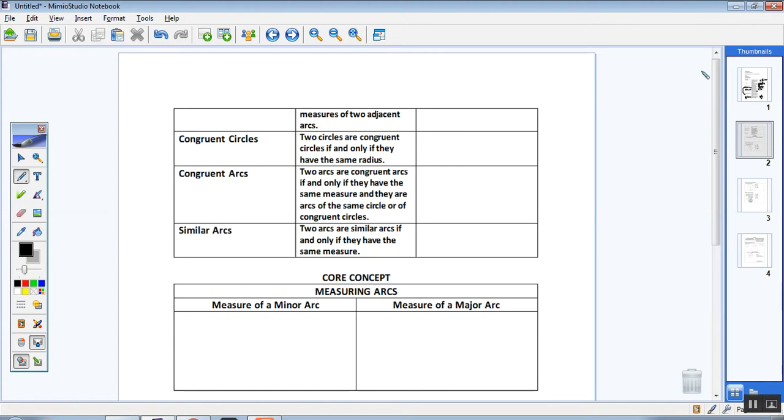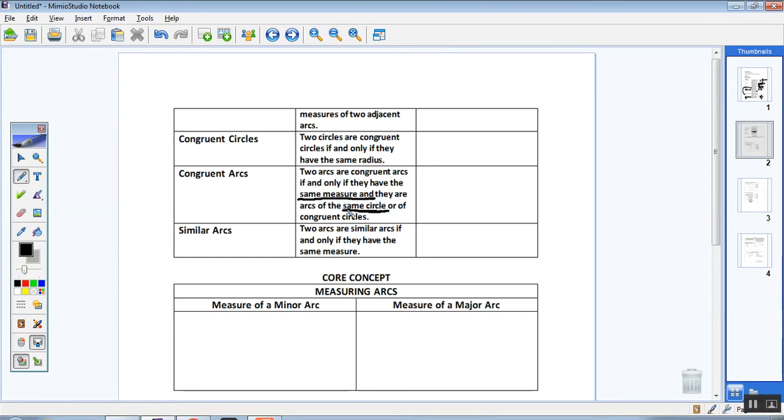So if I'm talking about congruent circles, it says two circles are congruent if and only if they what? Have the same radius. That means they're going to be the same size. Okay. Then congruent arcs. Two arcs are congruent arcs if and only if, and this is kind of a biggie, if they have the same what? Same measure, and they are arcs of the same what? Circle.